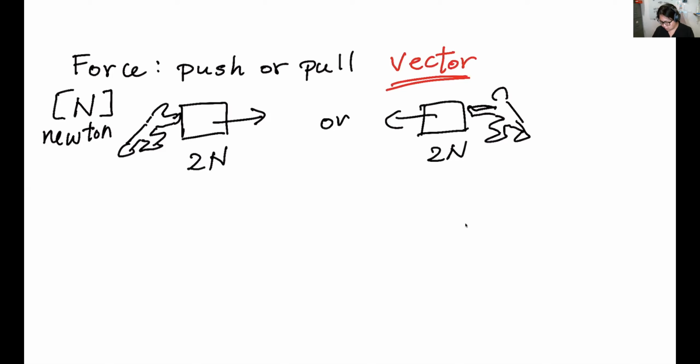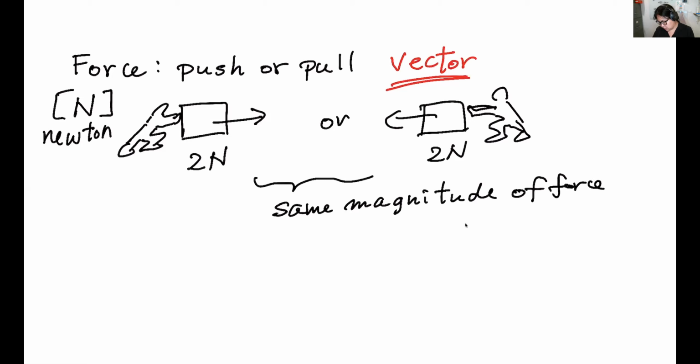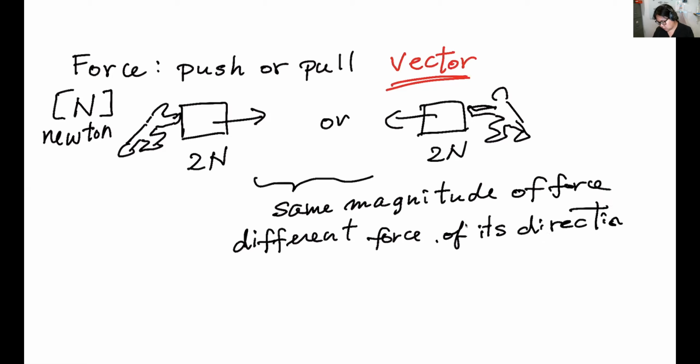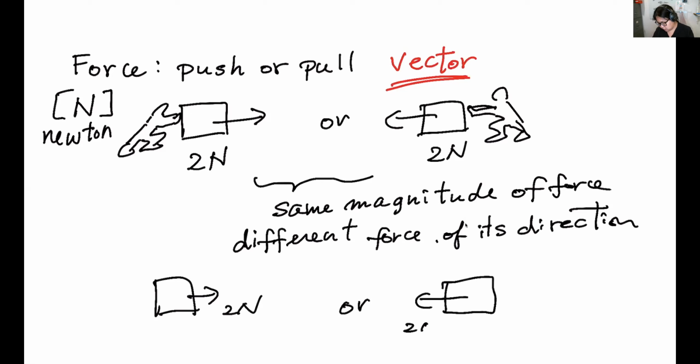Same magnitude of force, but it's a different force because of its direction, right? The box is being pulled 2 Newton this way, or 2 Newton this way. It makes a difference. So the Newton is the unit.